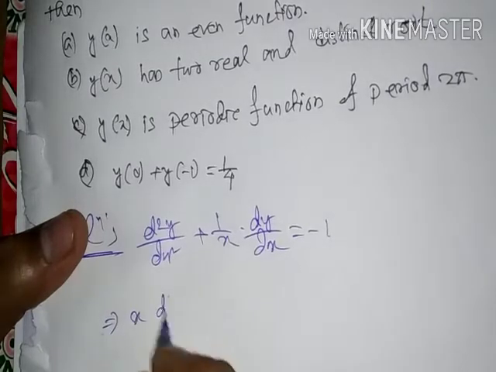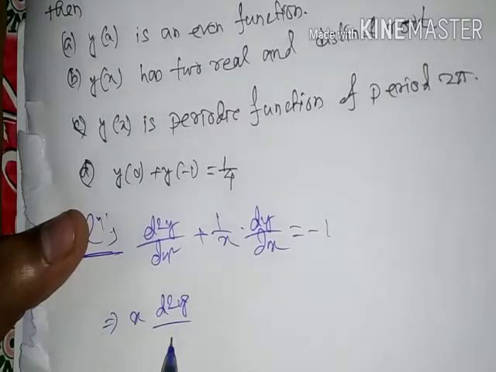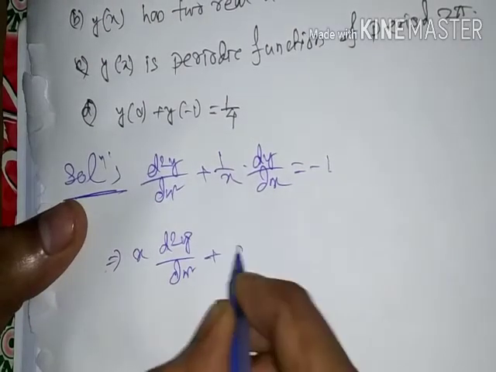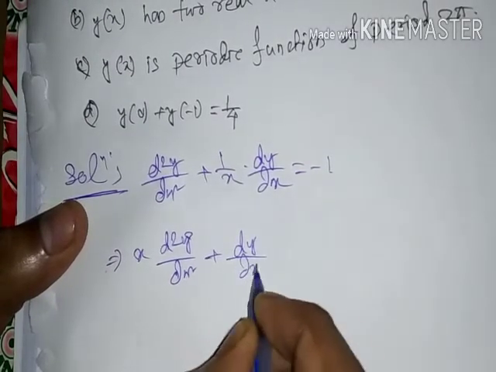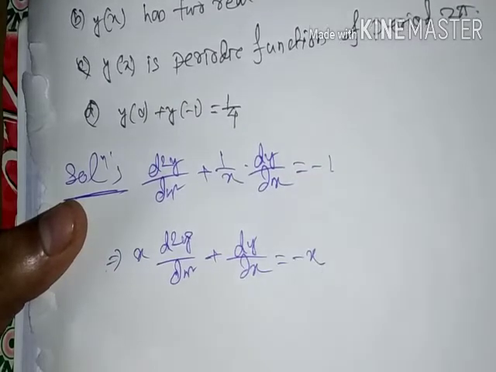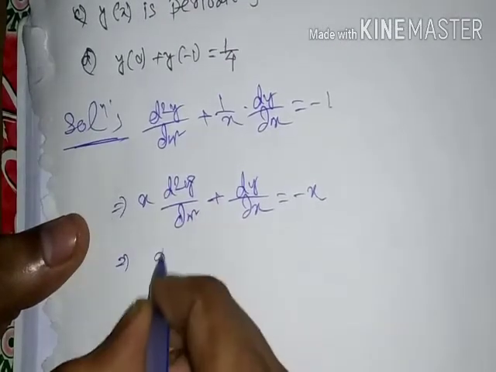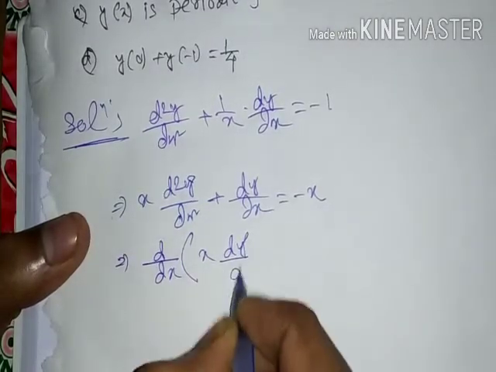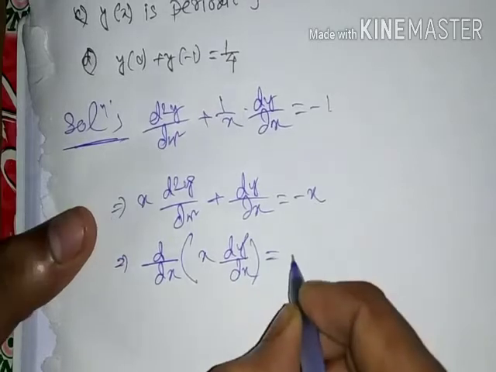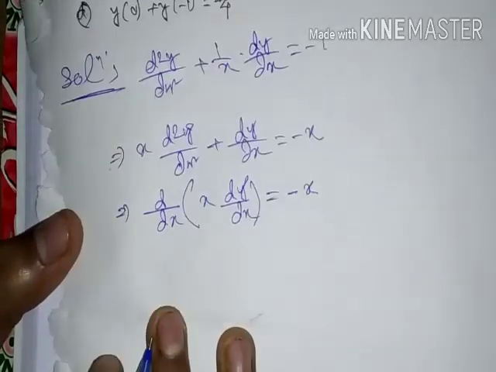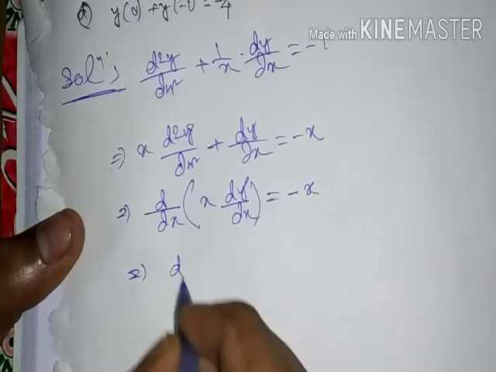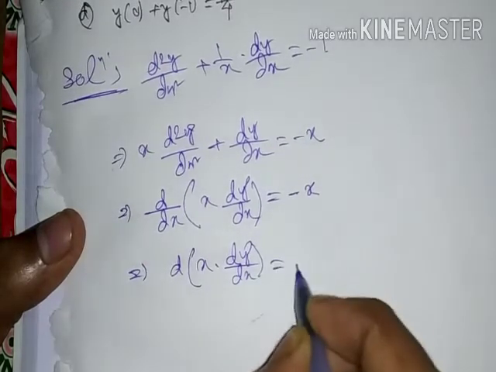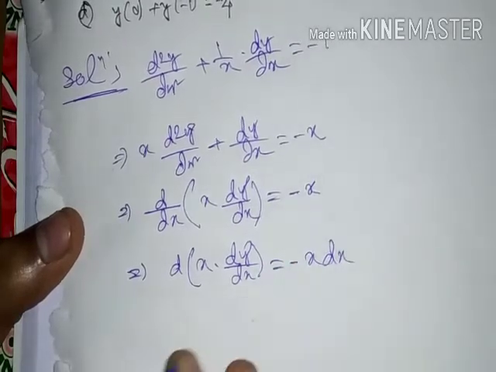We get x d square y by dx square plus dy by dx equal to minus x. Now we write this as d of x into dy by dx equal to minus x into dx.